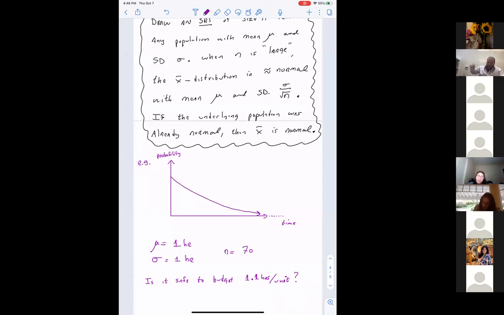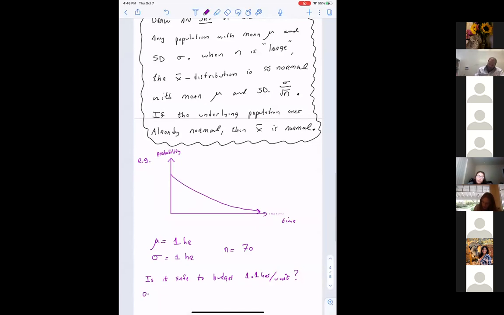Or should you budget 1.25 hours per unit? That's the question. Is it safe to budget 1.1 hours per unit, or should I budget 1.25 hours?